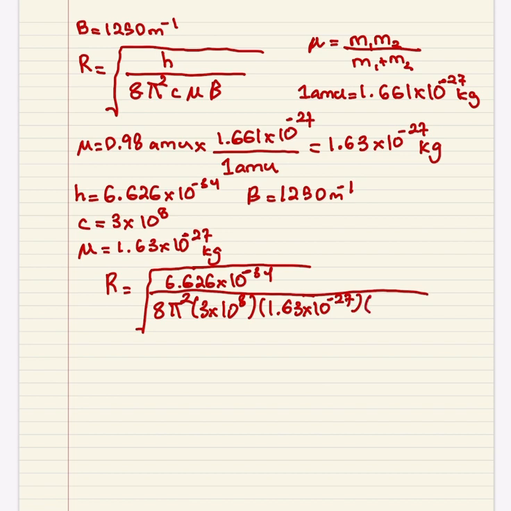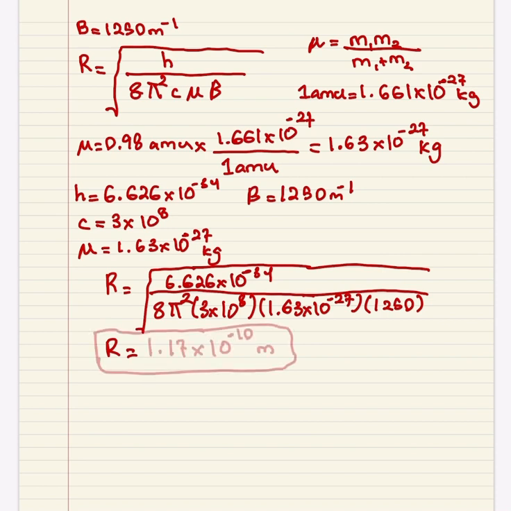The rotational constant is going to be 1250. Okay, so let's calculate that. If you put it in the calculator, make sure you put it all together and close the parentheses so that you will get an accurate value.